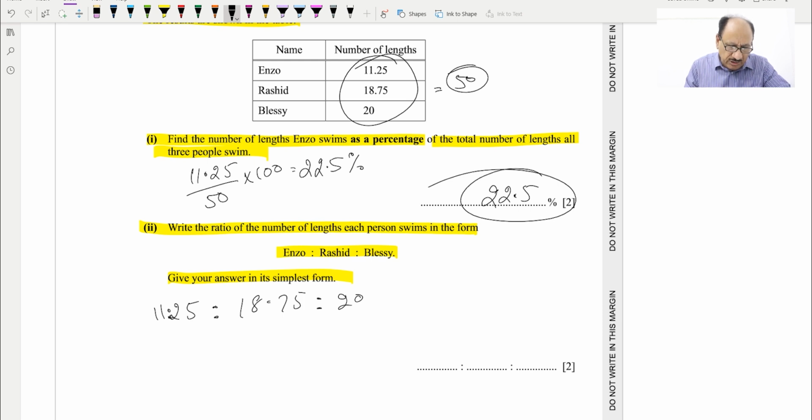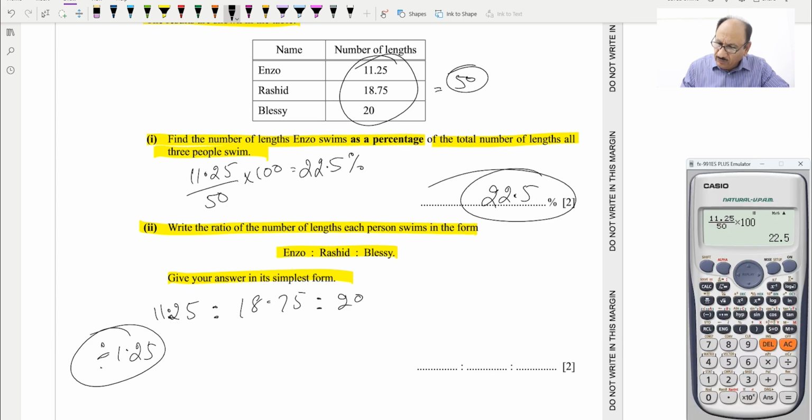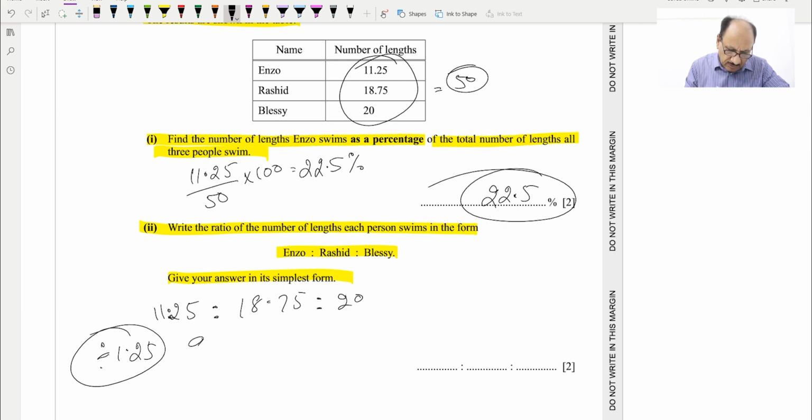So we need to change to whole number. If we divide everything by 1.25 we will get whole number. So 11.25 divided by 1.25 will be equal to 9.